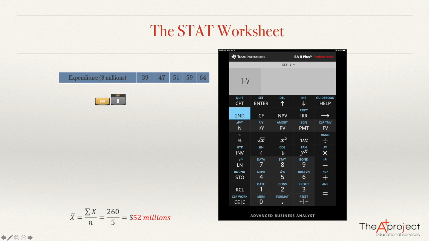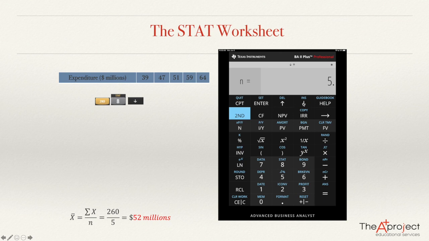Let's see how to view all the statistics that this calculator has computed. So you press the arrow key down. If you press this arrow key, you see the first statistic, the number of data values, how many elements in the sample or the population. We already know there are 5 of them.